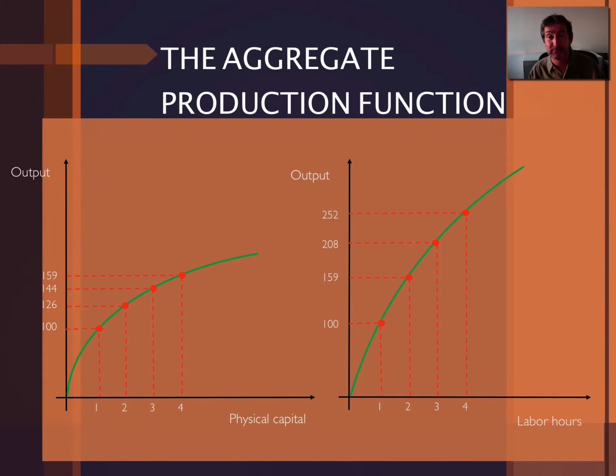Similarly, if we add more and more labor to the production process, we'll get more output at a diminishing rate. Think about it in terms of having, say, a production facility with a given amount of capital, a given amount of machinery in it. As you add more workers to that production process, you will get more output, but after a while you're not going to get much additional advantage by employing more and more workers.